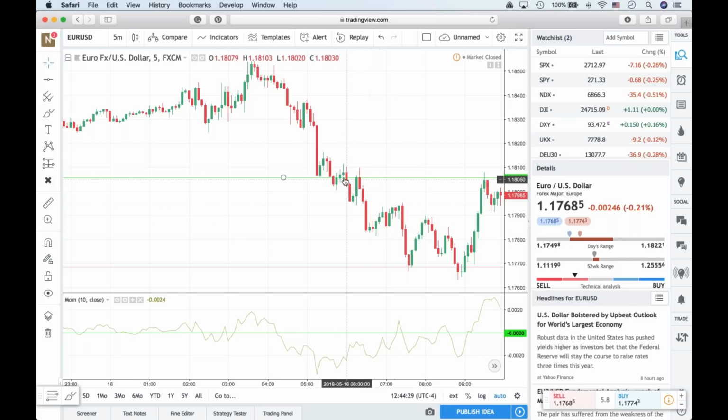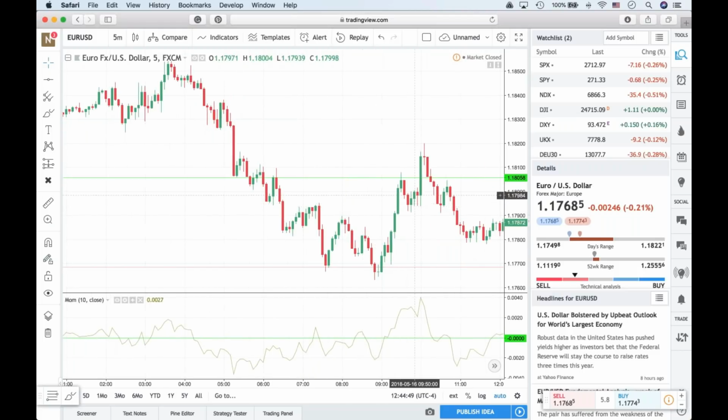And once we found this setup and cross, then we're going to wait for the momentum indicator to cross above the 0 line to make an entry.